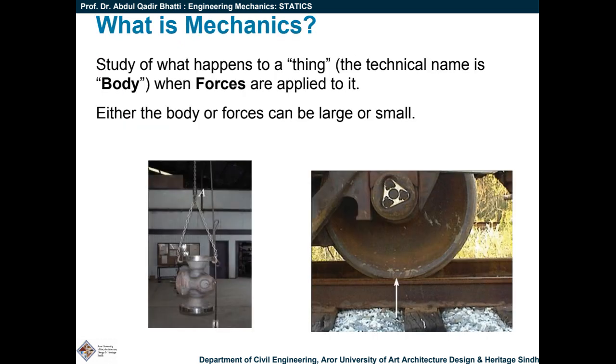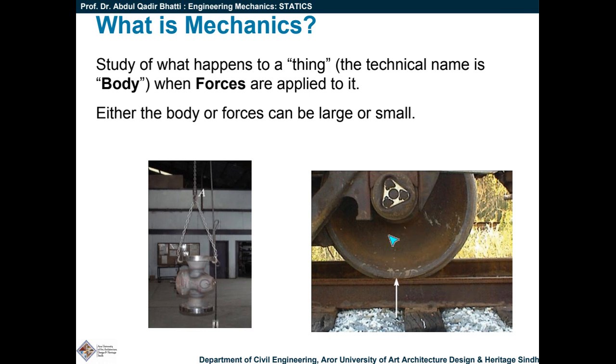So what is mechanics? Mechanics is the study of what happens to an object or structure, or body. Normally we use the word body. Body means a structure, your building. This is the wheel of your railway track.